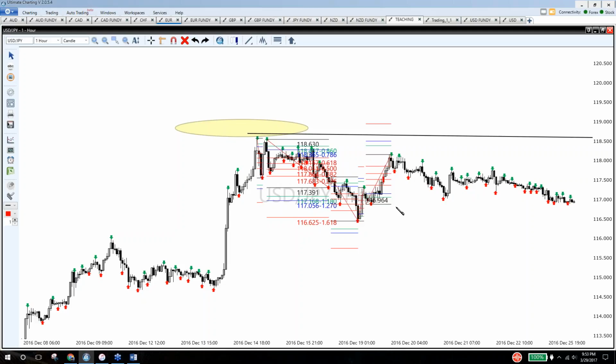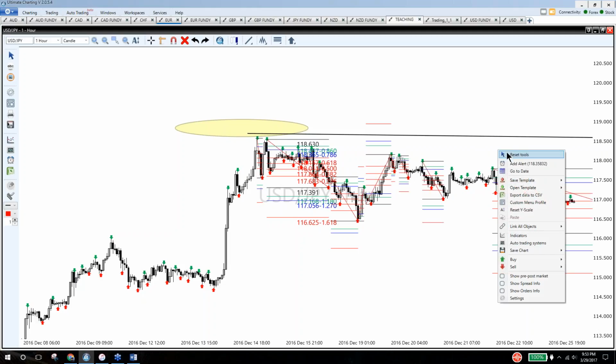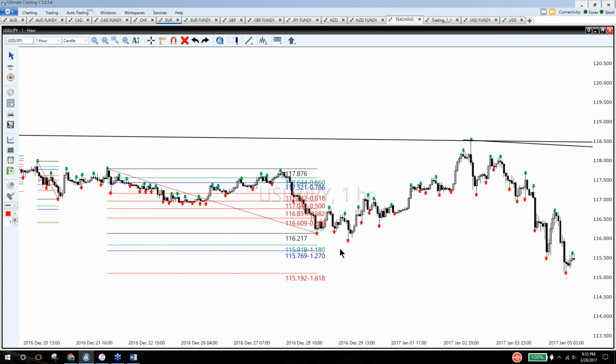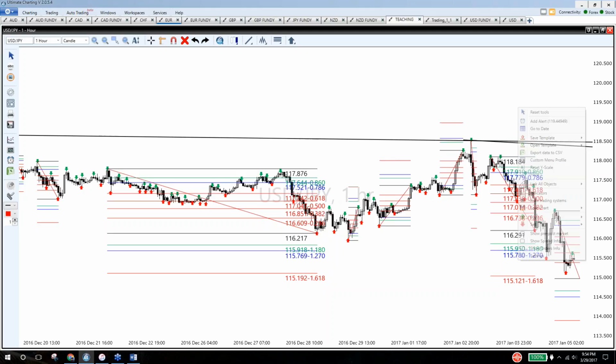There it goes. Another AB boundary gets taken out. So I have to start from the highest high down to the first low, down ABCDs. Right? The market takes out a down AB boundary, reverse from the lowest low to the first high, right? Up AB boundary gets taken out, highest high, down to the first low.